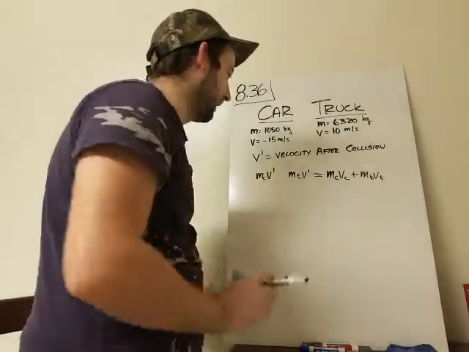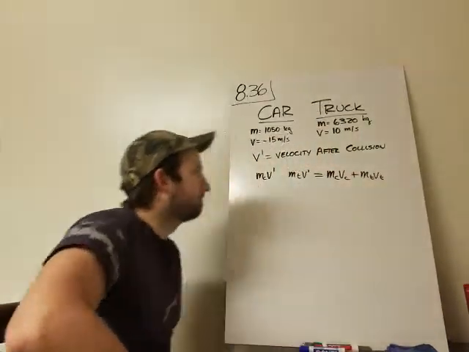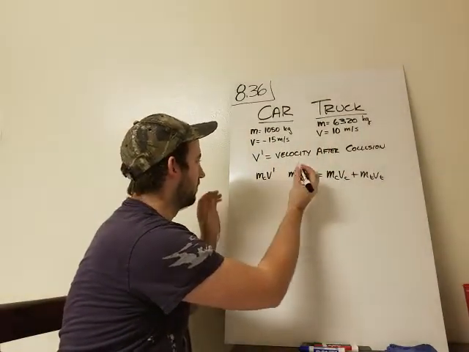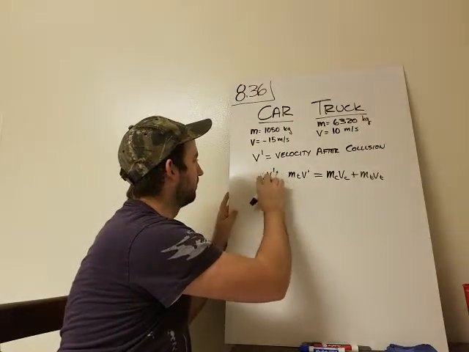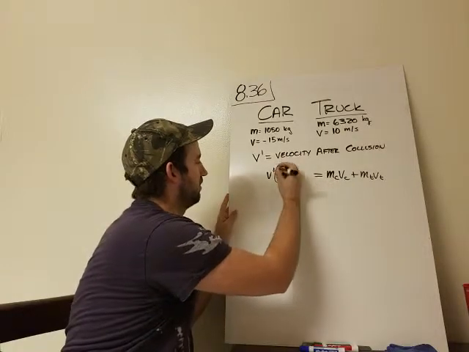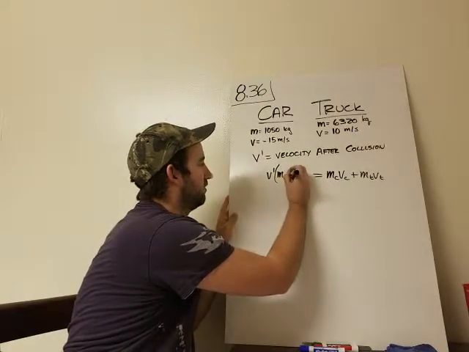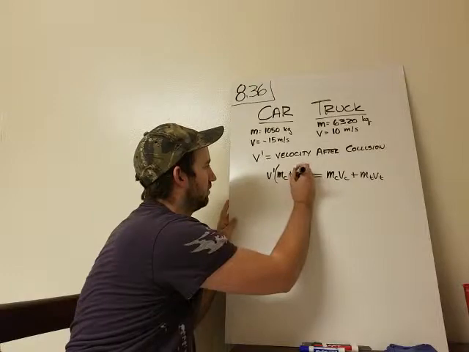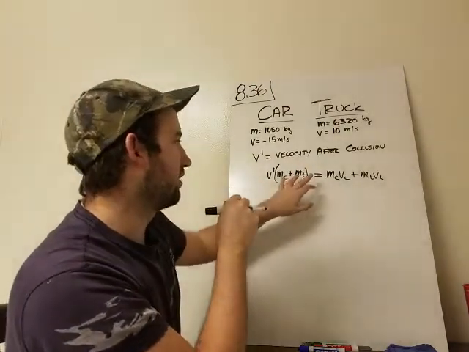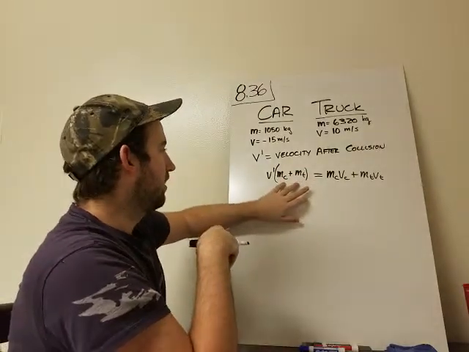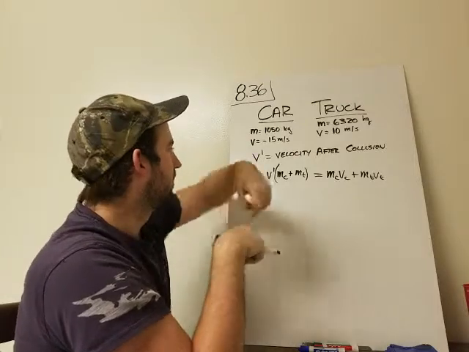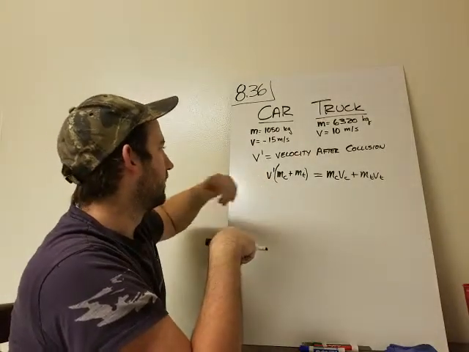We need to combine this, just rearranging the equation, to get V prime times (M_C plus M_T). That's the combined mass, since they're stuck together and we treat them as one object going at this velocity.